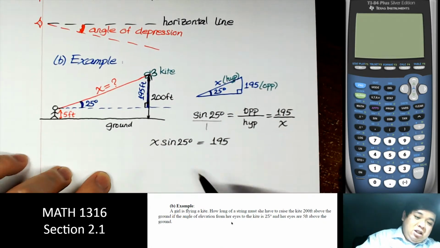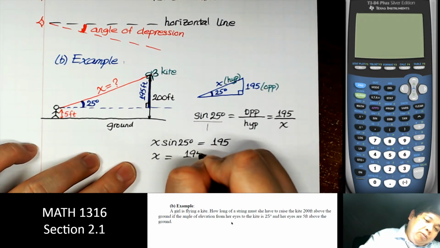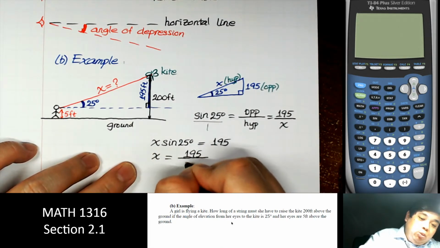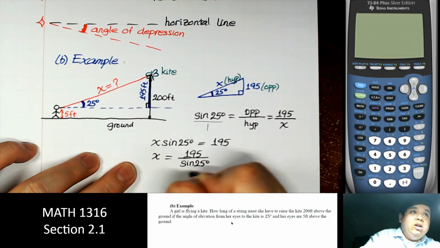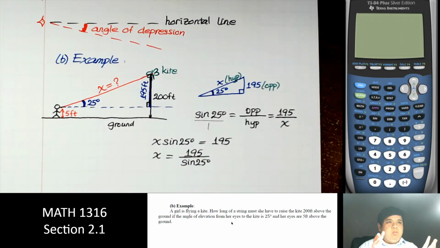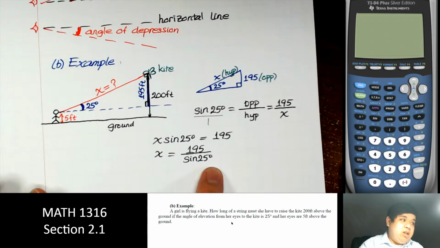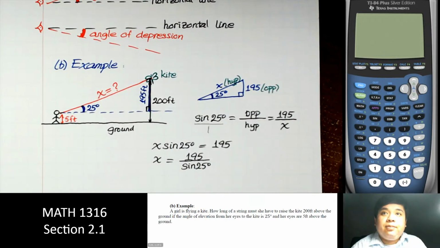And we can divide by sine of 25 degrees. It will be best if we just write sine of 25 degrees rather than calculate it and get a number first. So we put all the formulas in and don't calculate this number first.